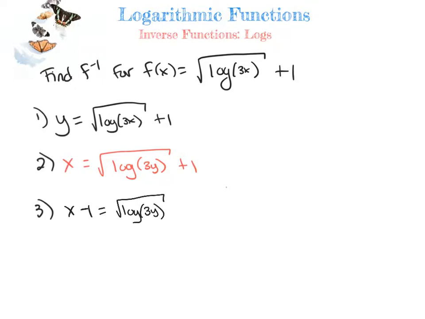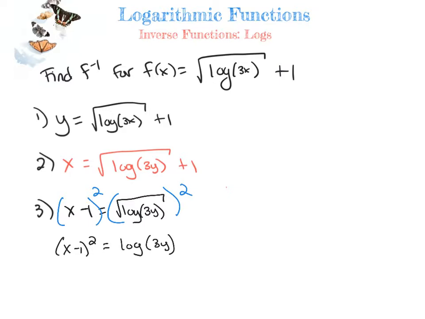The square root is around the logarithm. So if we want to get rid of the square root, then what we'll do is square both sides. So we have x minus 1 squared equals log of 3y. Now we need to get rid of the logarithm.